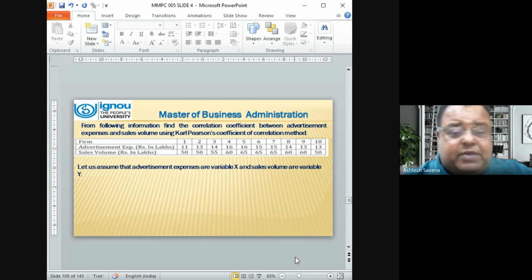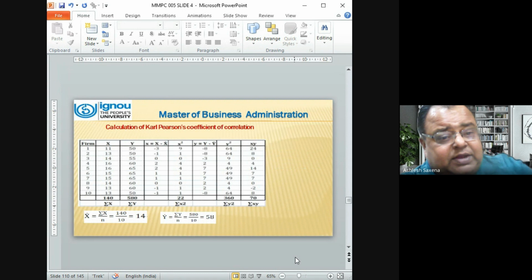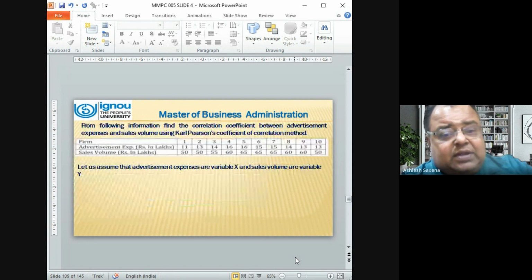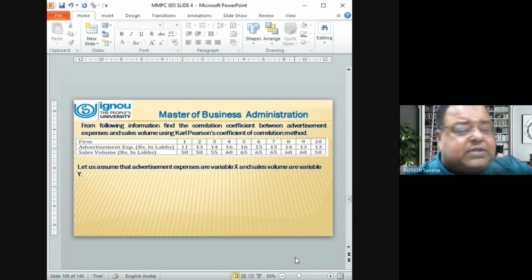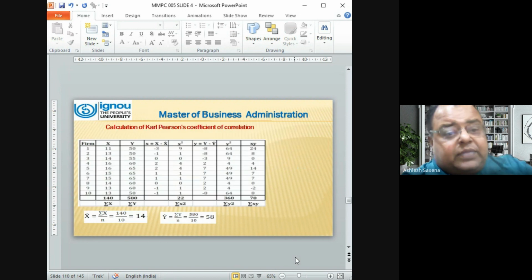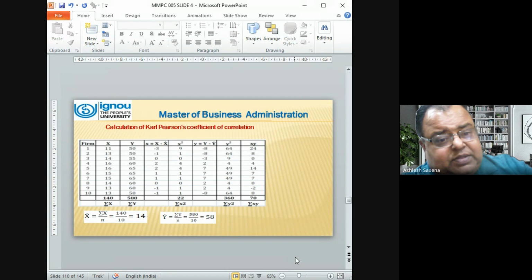Now see what we will be doing. We will be transforming it like this. There are 10 firms, no problem. X and Y are the two values. For X, we are assuming the expenditure, and for Y, we are assuming the sales. You can see that these numbers are too big, so we have to calculate. First of all, we have to calculate the mean.